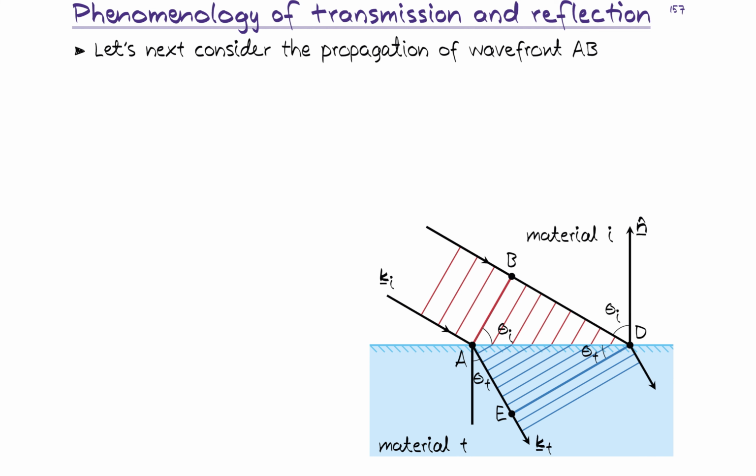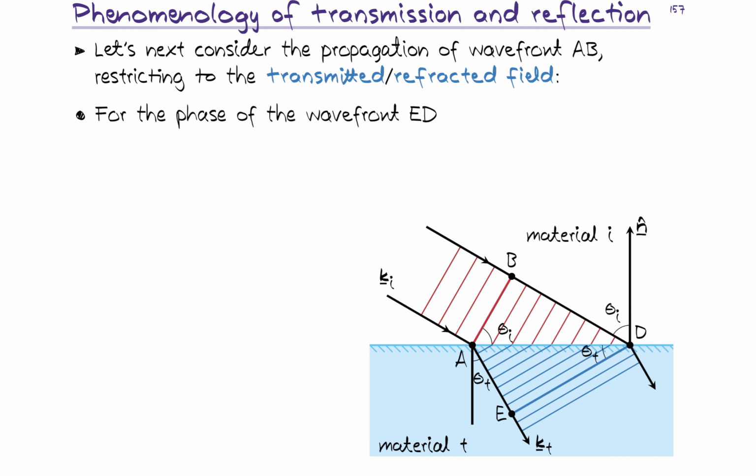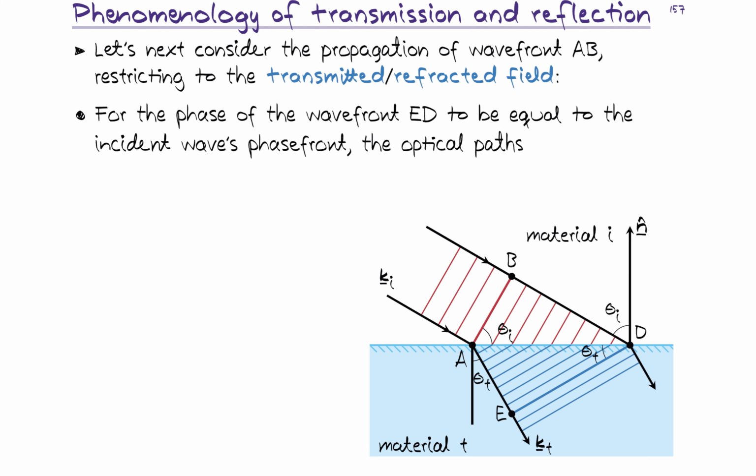So let's now consider the propagation of ray front AB into the material T. So this is now what happens when light is being transmitted, and essentially, of course, light is being refracted due to the fact that the phase velocities are slightly different, so that the speed of light is different in the upper material I than in the material denoted with the label T. And now for the phase of the wavefront ED, which would be equal to the wavefront of the incident wave, essentially the optical paths BD and AE should be equal.